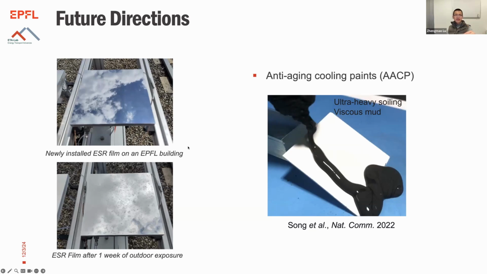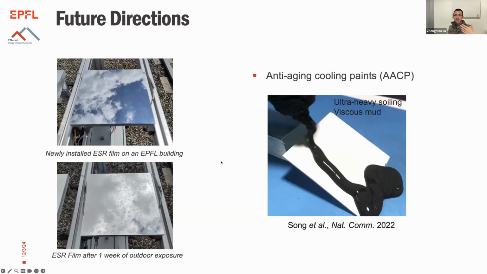When we started testing these cooling panels, this was with the standard ESR films, just after a week on top of the EPFL building. I think the air quality here in general is pretty good, but after a week, this is what you see. And sometimes you see birds even doing something there. So that poses the problem of the robustness and durability of this type of approach.